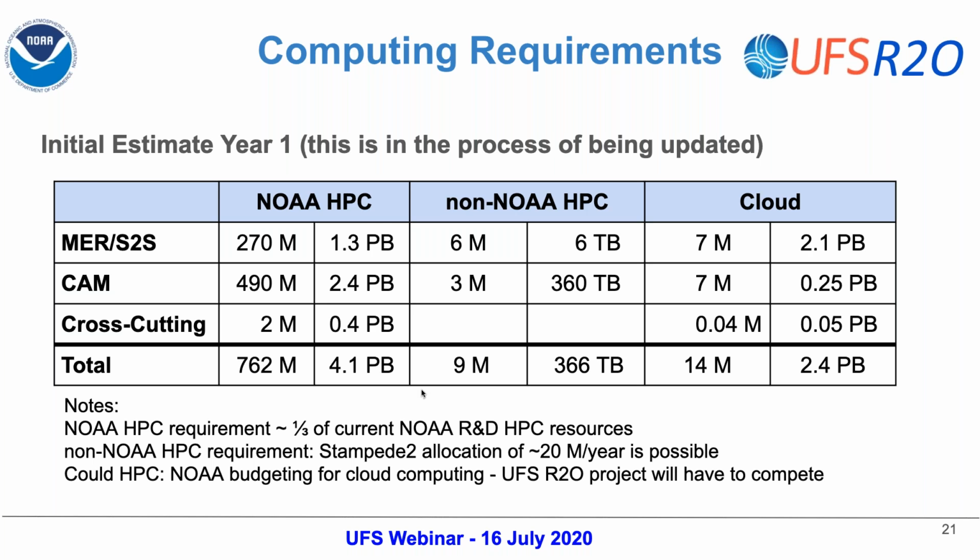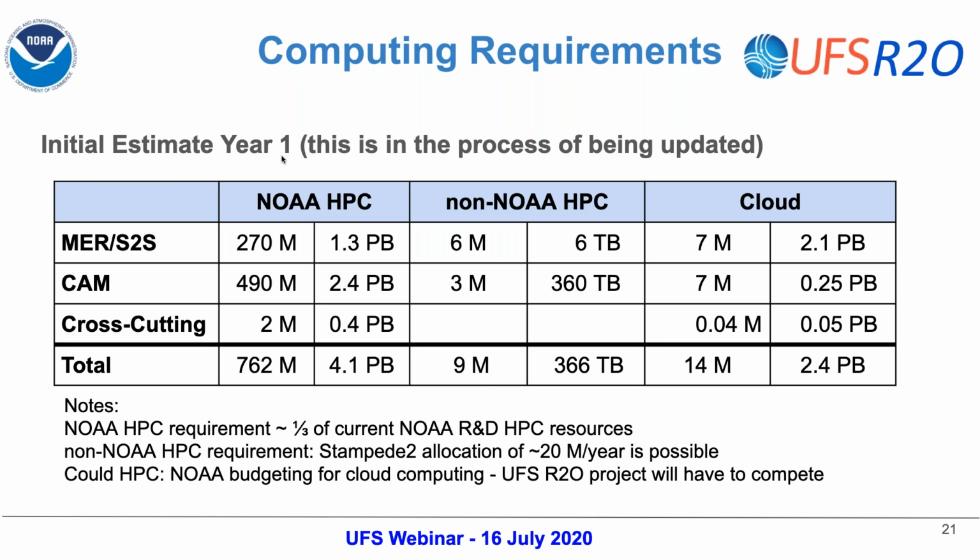What you can see on this chart is what we anticipate in terms of requirements for the medium range weather S2S application team, for the short range weather convective allowing modeling team, and for the cross-cutting infrastructure. And it's primarily the two application teams that have the big requirements.